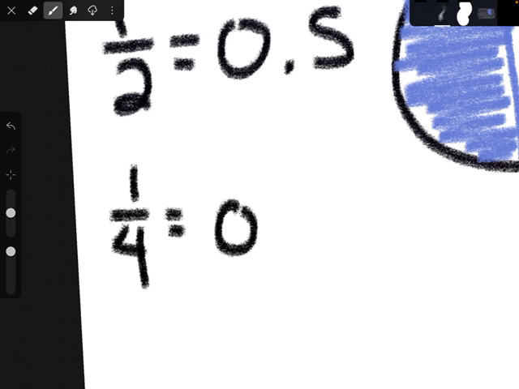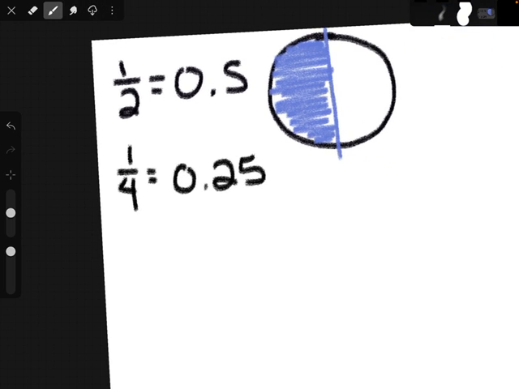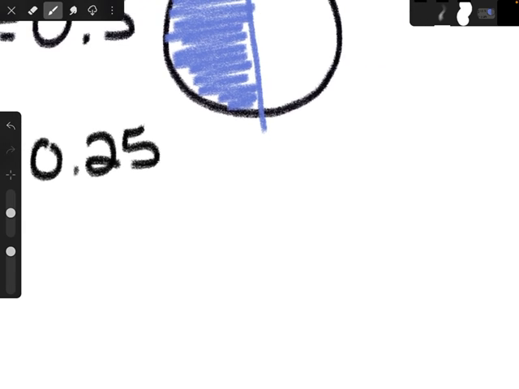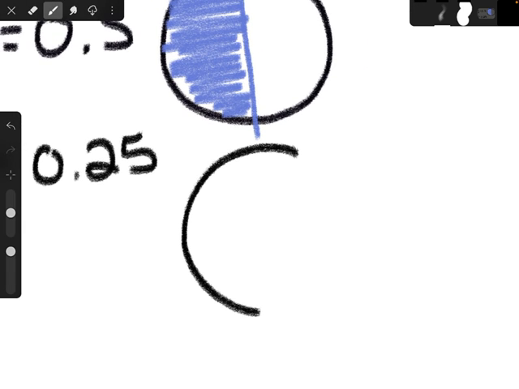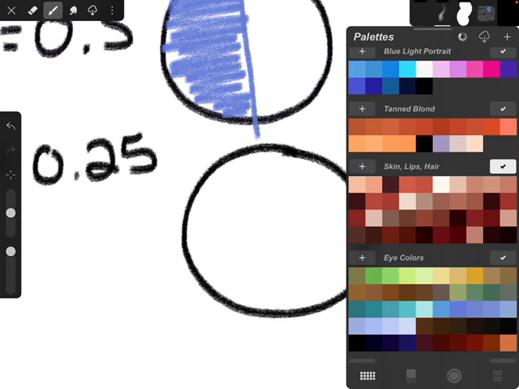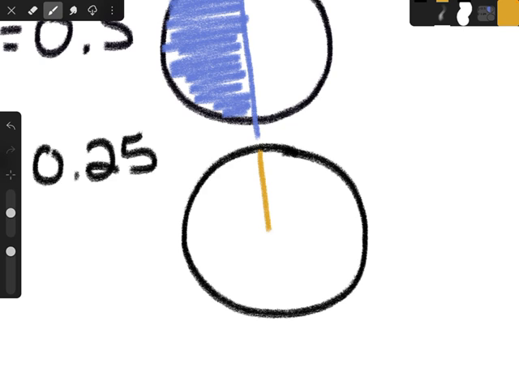So if we can represent that in a pie, I would color it in yellow, kind of a mustard color, and I would say it's 1/4 of the pie.